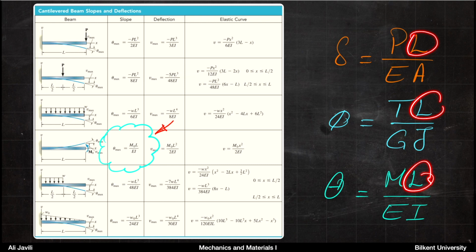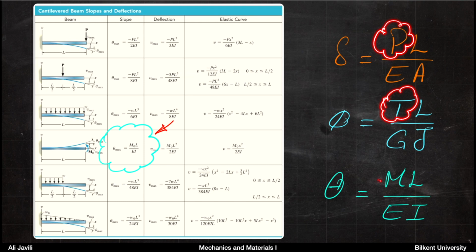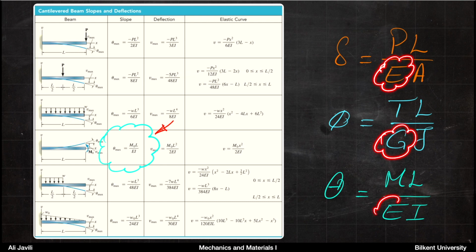You get the length L here. The loading type: if it's axial loading, it's a force P. If it's torsion, it's a torque T. If it's bending, it's a moment M. The stiffness, basically, here would be elastic modulus E, shear modulus G, and then again in a bending problem, because we deal with normal stresses, it's again elastic modulus E. And then in axial loading, area would come in the denominator.